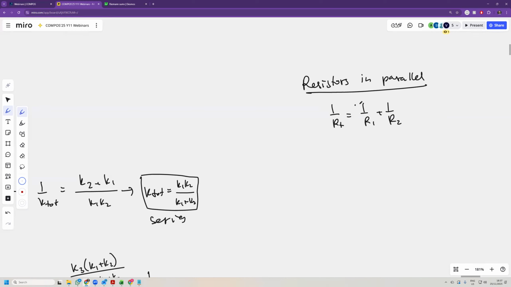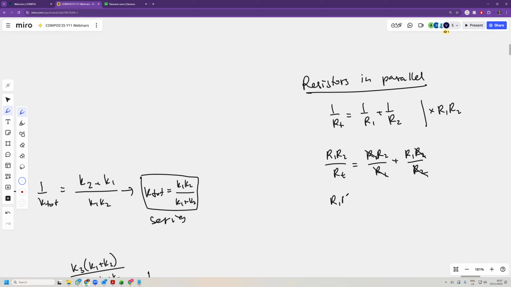Let's multiply everything by R1 R2. So R1 R2 divided by RT is equal to R1 R2 over R1 plus R1 R2 over R2. Cancel the R1s. Cancel the R2s.